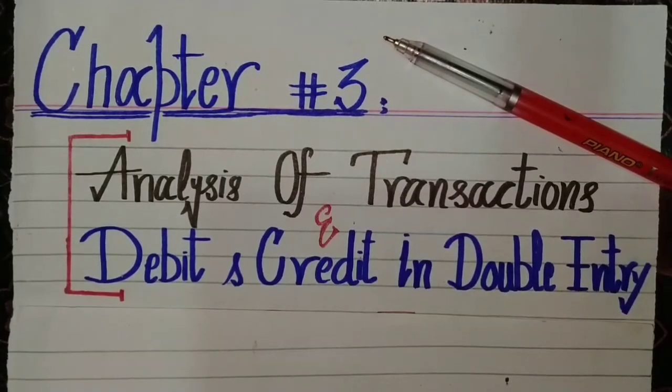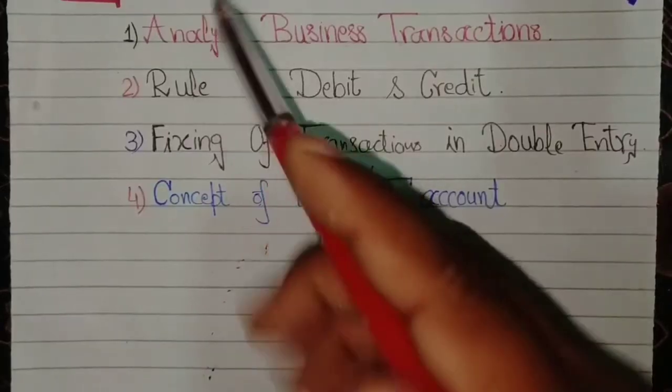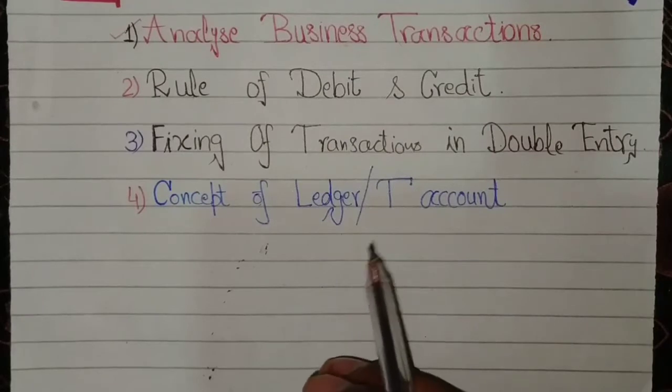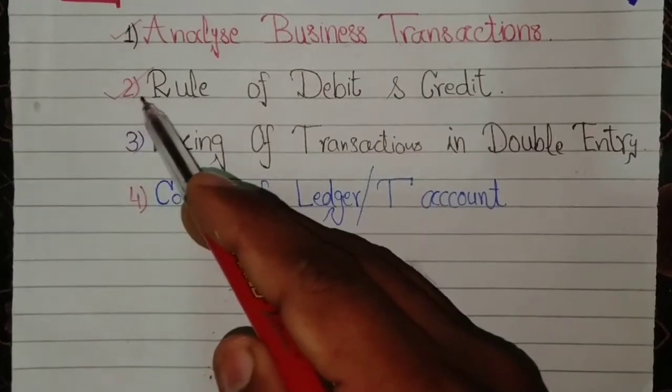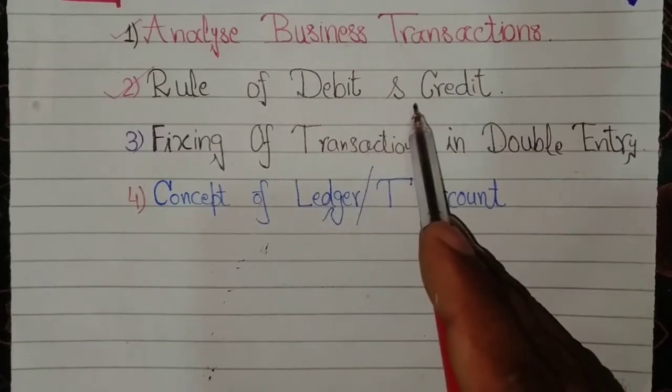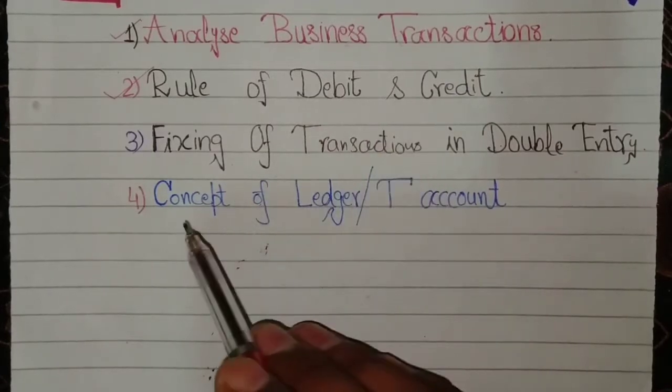So in this chapter, we are moving around four things. First is how we analyze the business transaction. Second is how we apply the rule of debit and credit in business transactions.